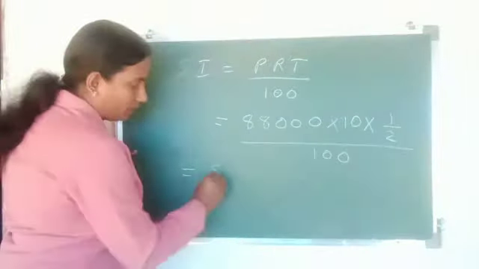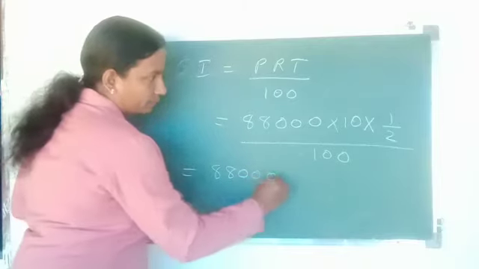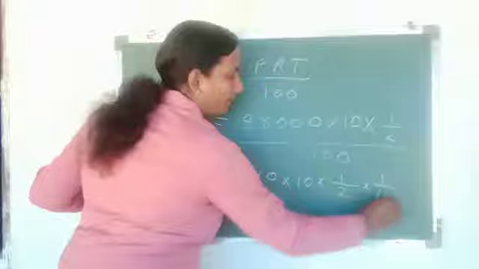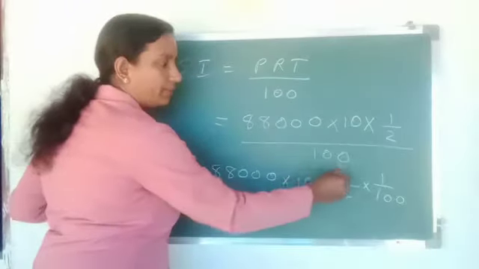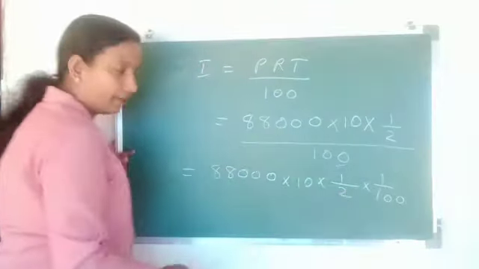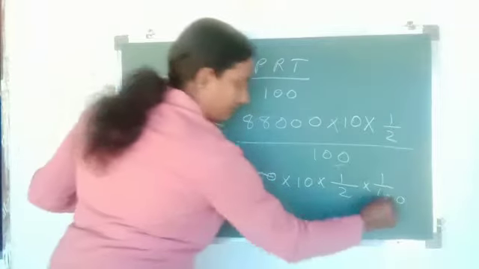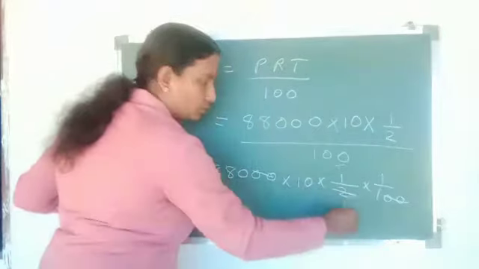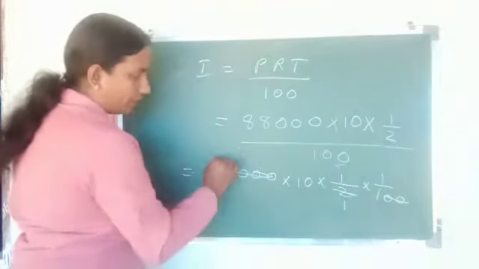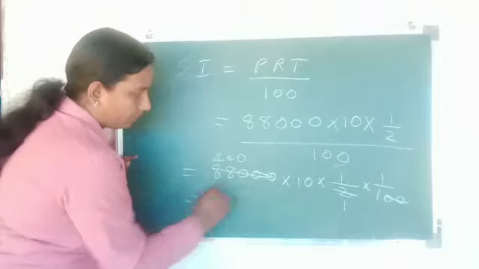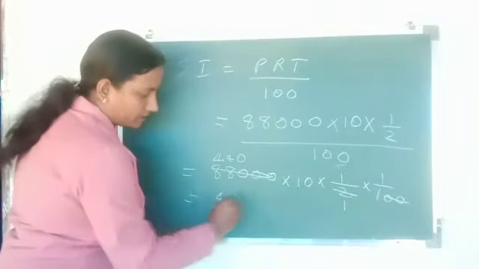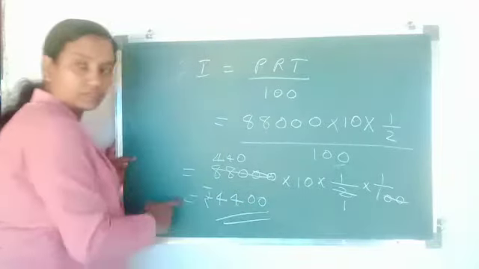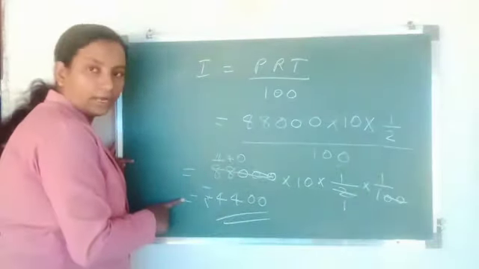It is equal to 88,000 into 10 into 1 by 2 into 1 by 100. Cancelling the zeros and the common factor 2, we get 440 into 10, that means 4,400 rupees. Interest is equal to 4,400 rupees.